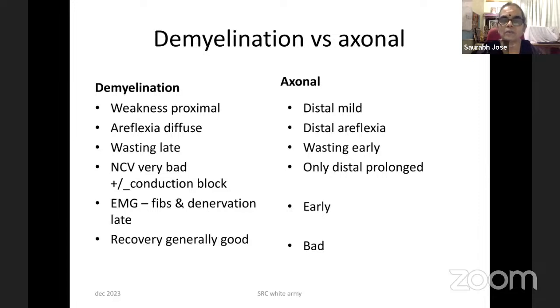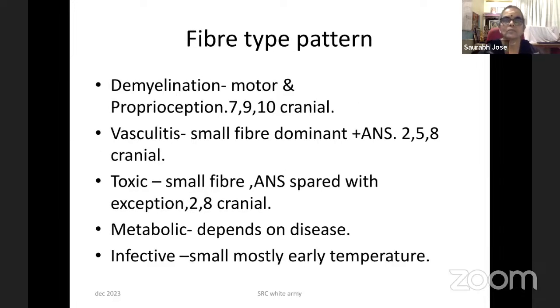And in the axonal one, weakness is distal, mild, with distal areflexia, wasting is early, and only distal conduction is prolonged, with early denervation, and recovery is bad. So apparently axonal looks good at the bedside, but recovery is bad. Then based on the fiber type pattern, demyelination means, as I said, myelin-rich fibers.